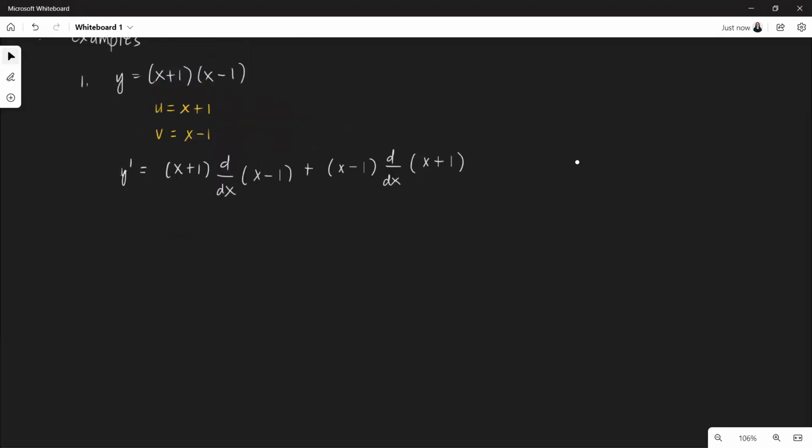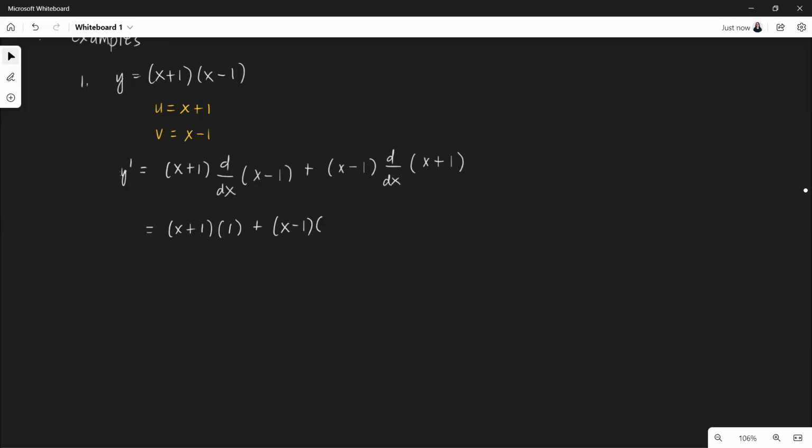Okay, so we have x plus 1. So there's no d over dx here, so meaning just copy it and then multiply it with the derivative of x minus 1. The derivative of x is 1, derivative of 1 is 0, so we have 1 minus 0 or 1. Then plus x minus 1, and then multiplied by the derivative of x plus 1.